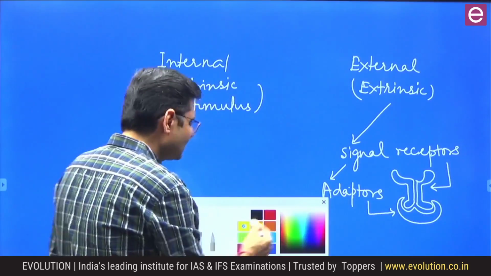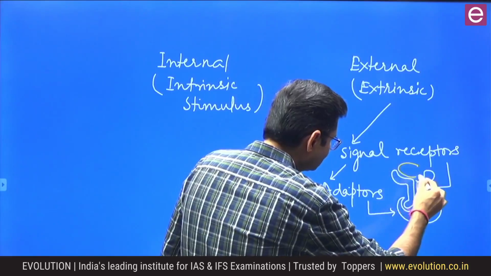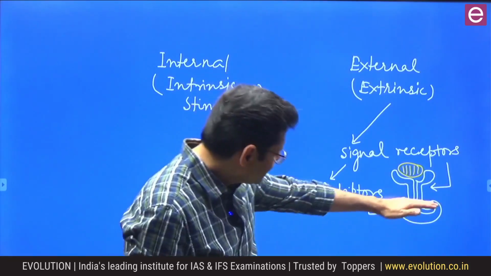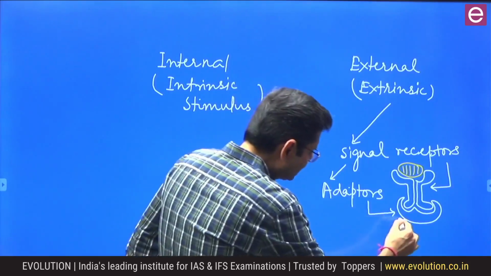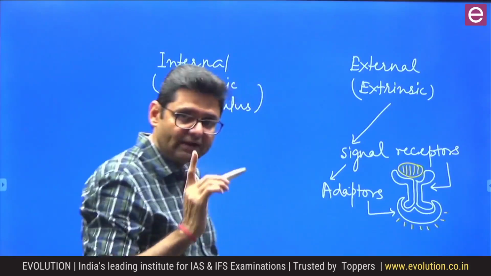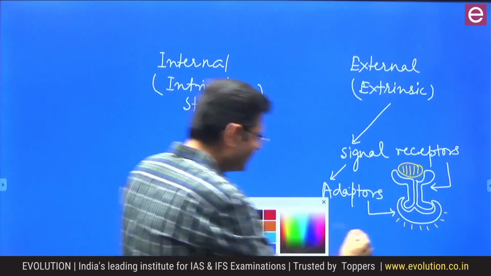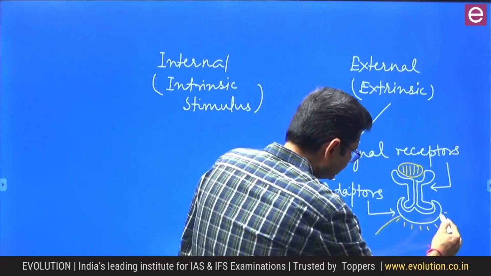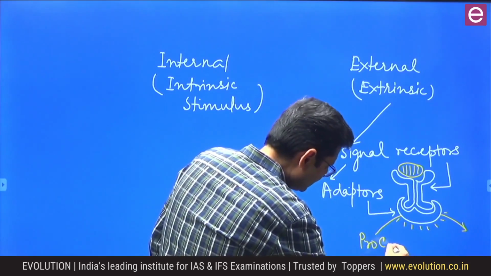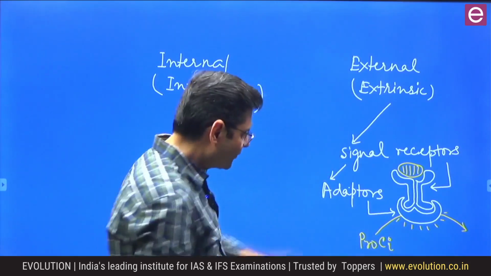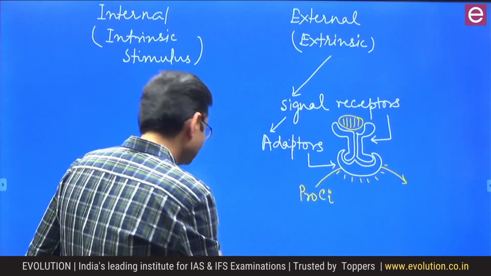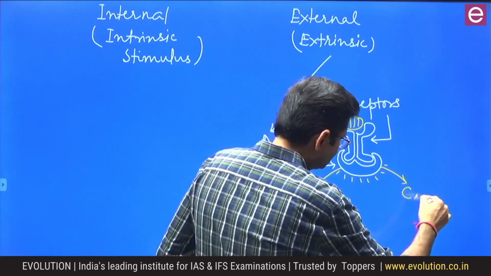And once the receptor has bound with a signaling agent like this, the receptor will be active, and if the receptor is active, the adapter is active. Then an active adapter will convert procaspase initiator into caspase initiator.